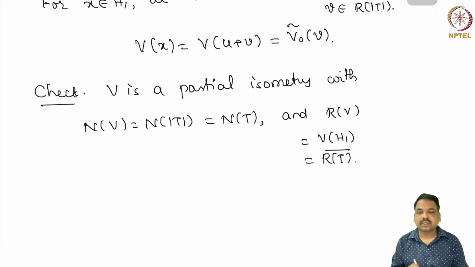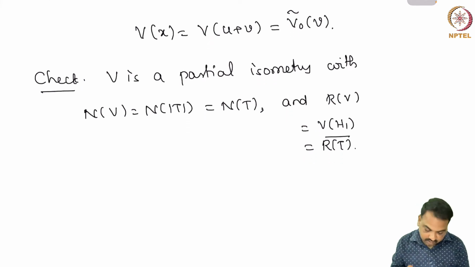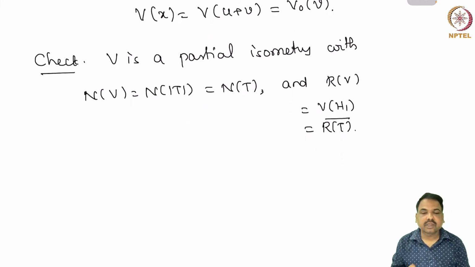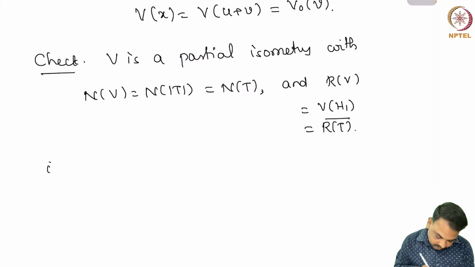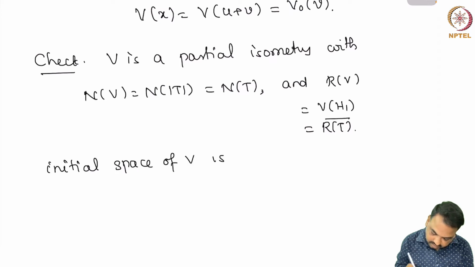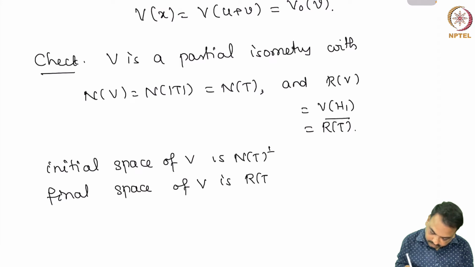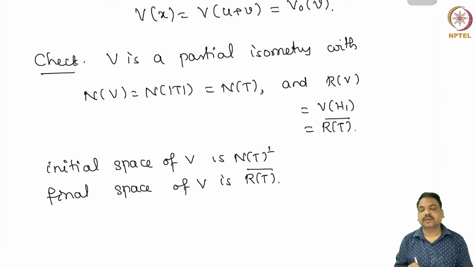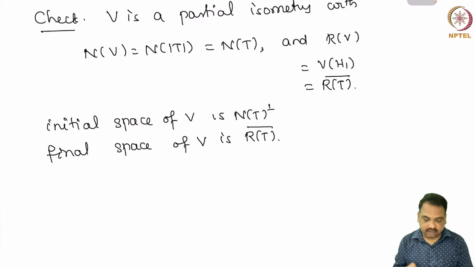So final space is range of T closure, and null space of V perp, that is the initial space. So initial space of V is null space of T perp, and final space is range of T closure. We know that for any partial isometry, range is closed.